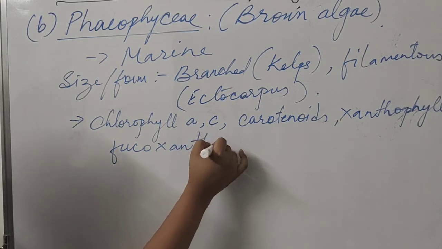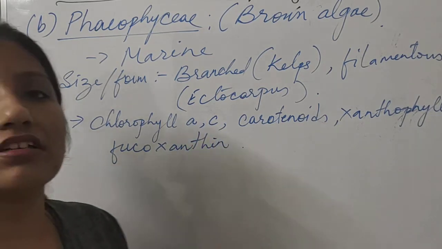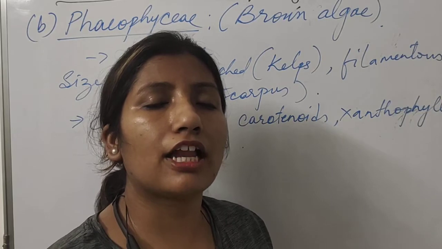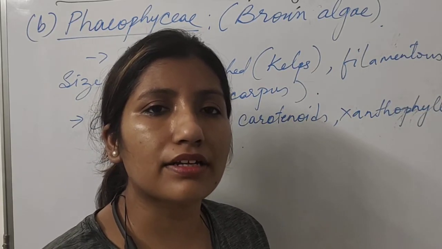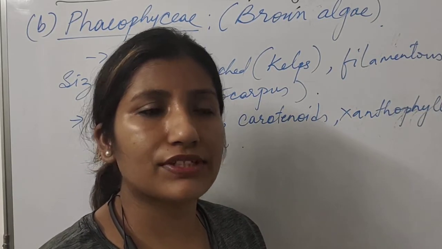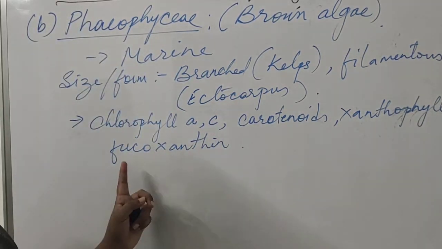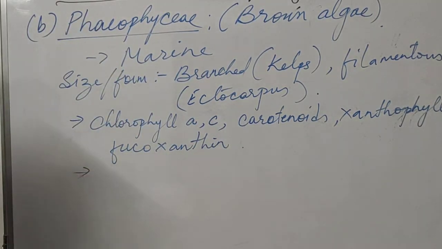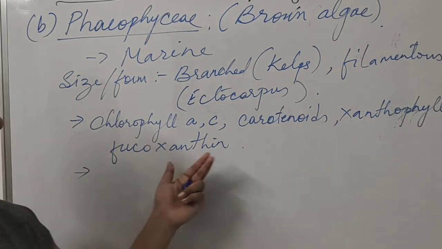These are the names of the pigments. These pigments give them color, and help them do photosynthesis and trap light. Many metabolic activities are done by all these pigments. So that's why they are brown in color, because of the presence of xanthophyll and fucoxanthin.